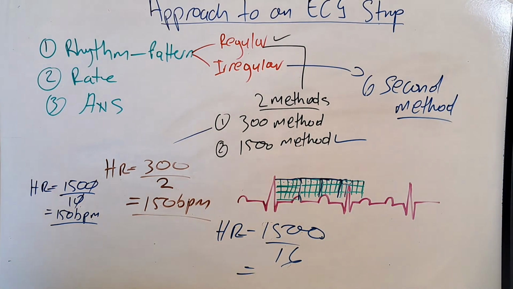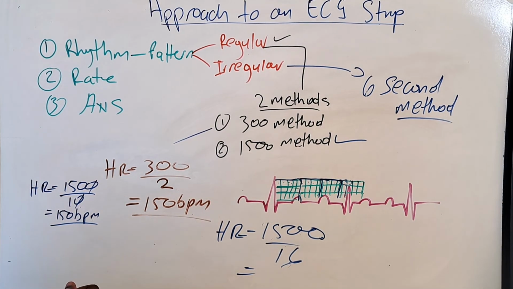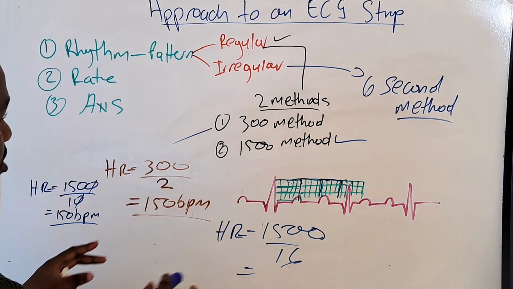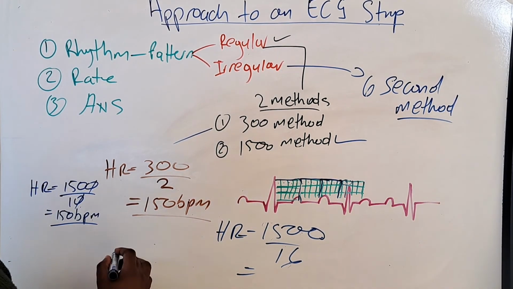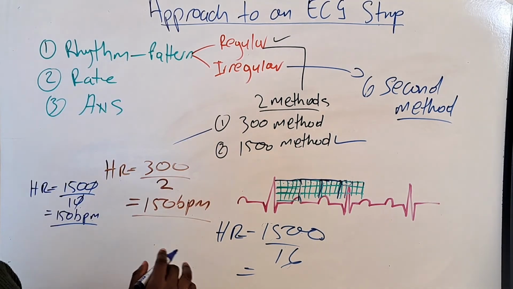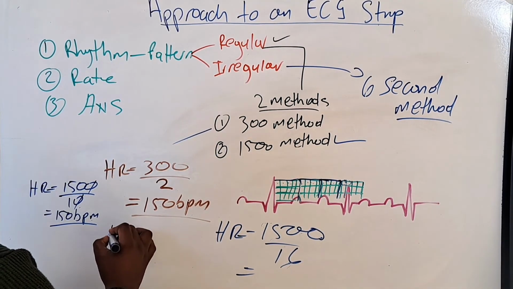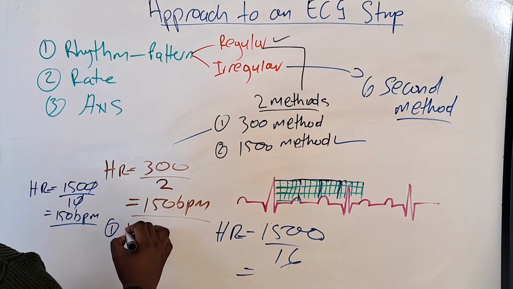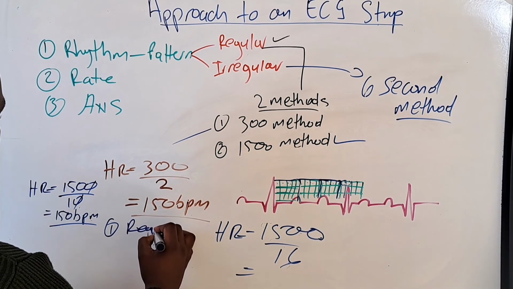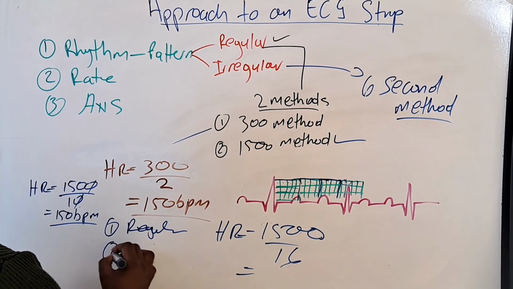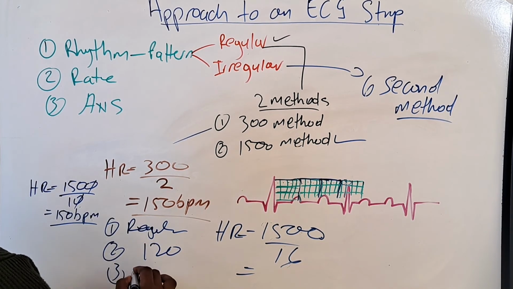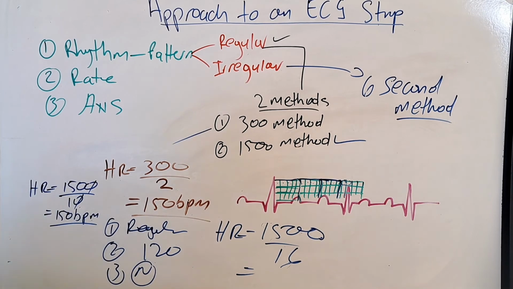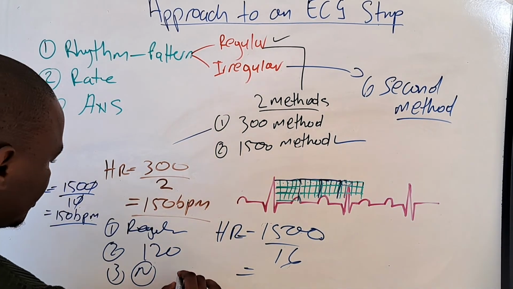Also, remember, once you get all of this, let's say I'm reporting on all of this. Firstly, I say my rhythm is regular. My rate is 120. And I've got a normal axis. Moving from here, you want to go and check your P waves.